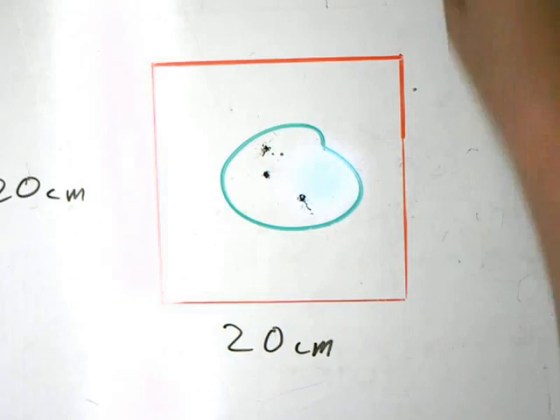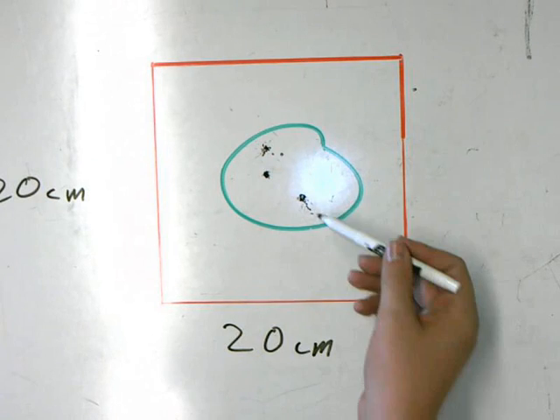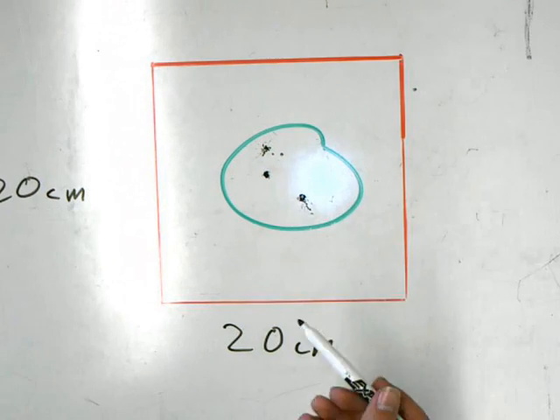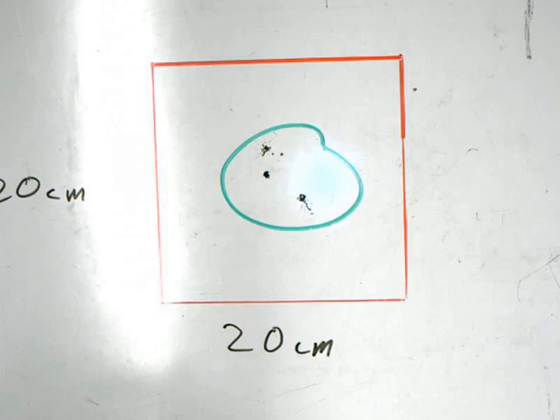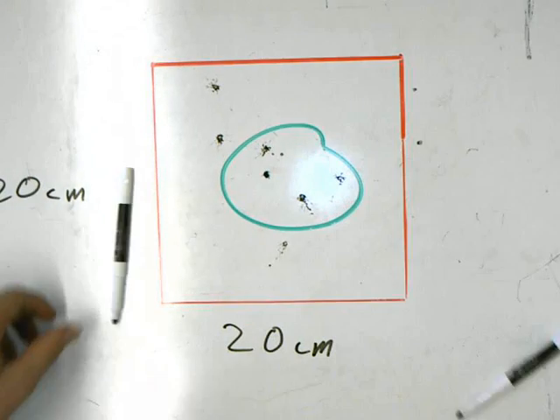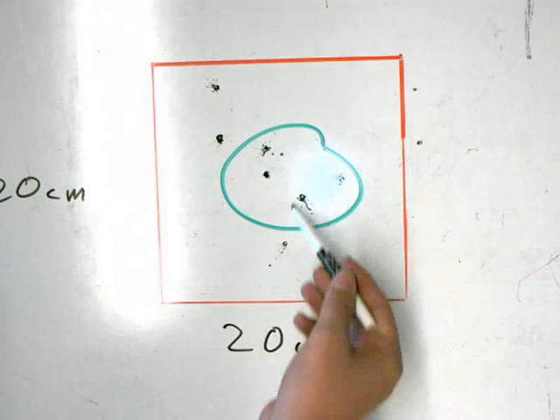So you can see we've dropped more, and we have some dots inside. You can see 4 there. You can see 1, 2, 3 outside, and 2 that are outside the shape completely. So already we're going to disregard those because they're not actually in the area that we know of. We can't really use them, but we can definitely use these other ones.